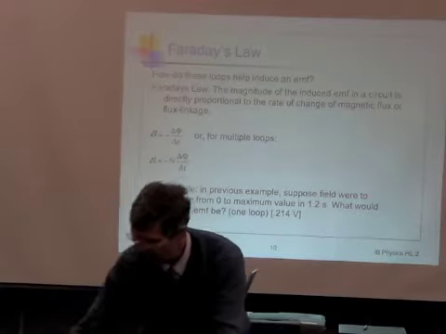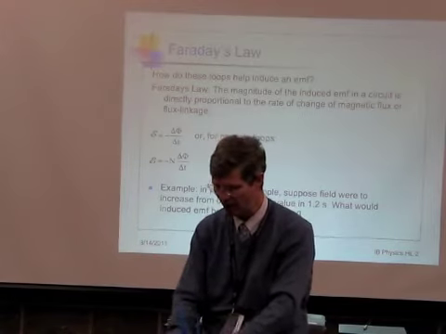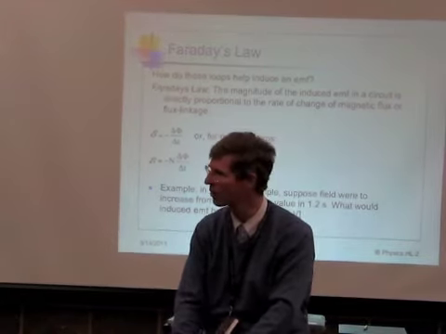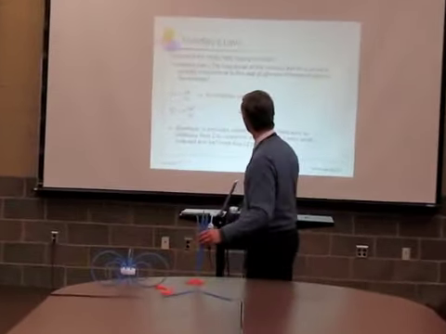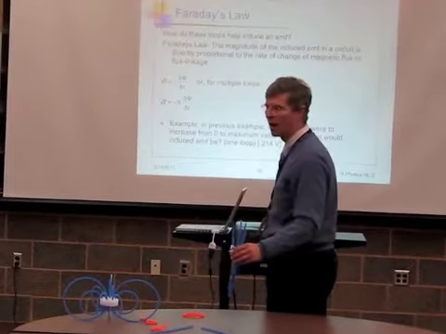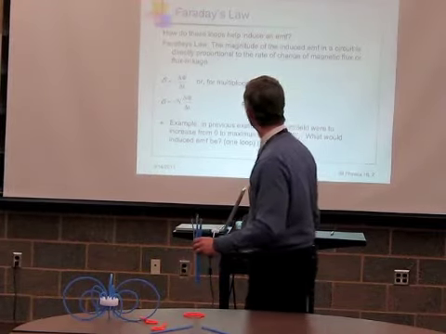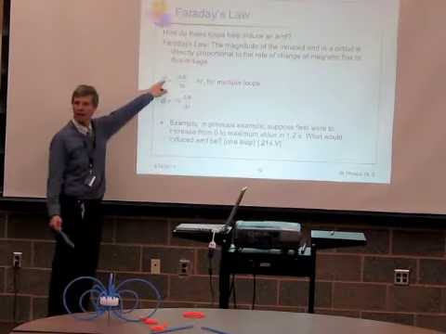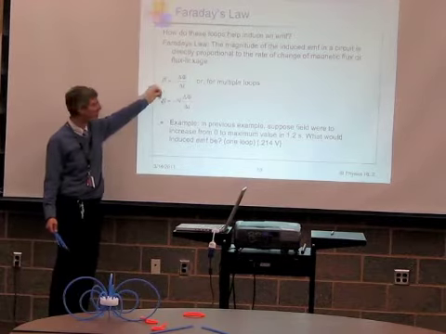So if you had a current loop here with 6 lines of flux, and every second you took a line of flux out, going through a lesser field, then you're losing, let's say, 1 Tesla meters squared per second. Then that would say you'd be getting a volt. So if you're losing 1 Tesla per second, that would be basically 1 volt.